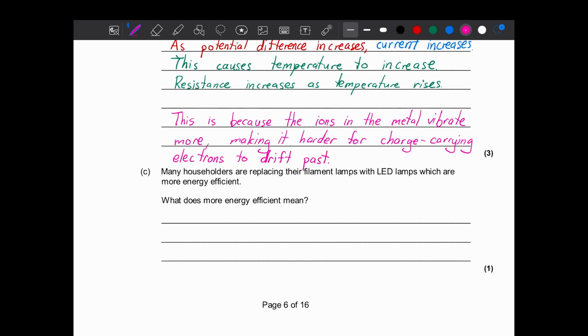The answer that I was expecting was something along these lines.